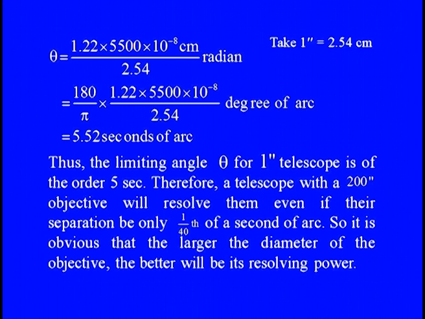Thus, the limiting angle theta for 1 inch telescope is of the order of 5 seconds. Therefore, a telescope with a 200 inch objective will resolve them even if their separation be only 1/40th of a second of arc.